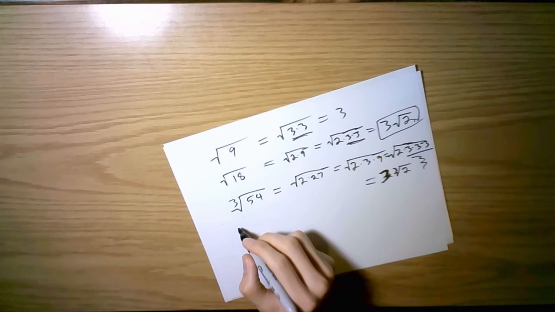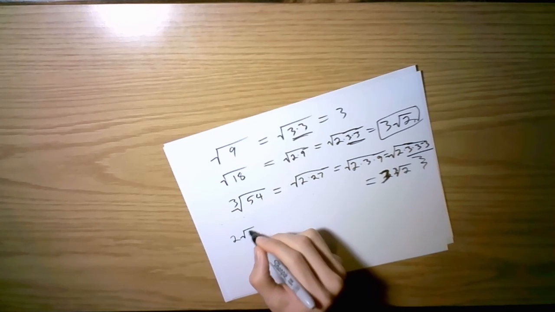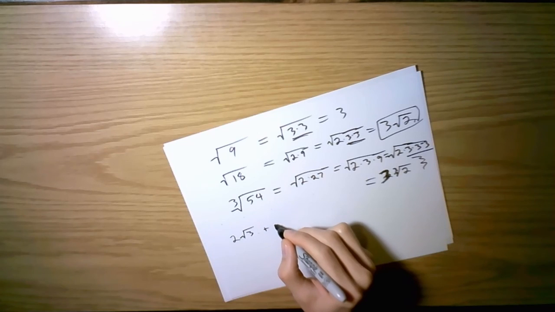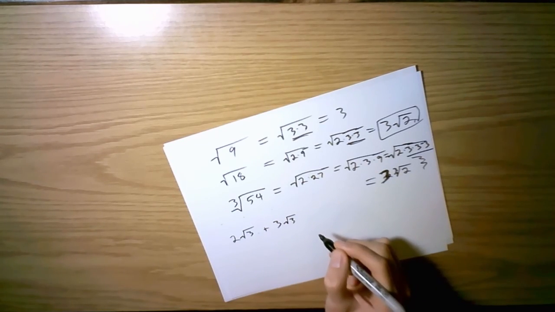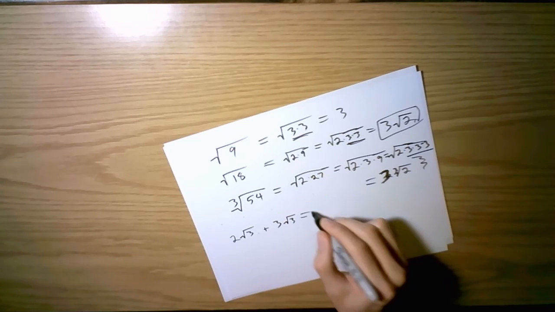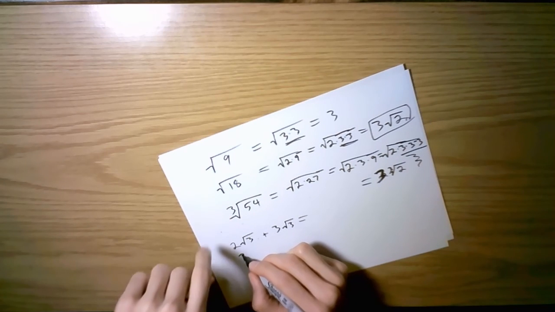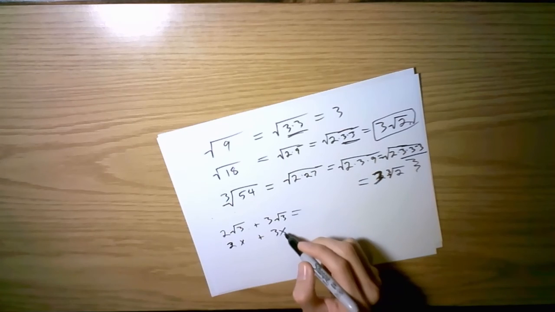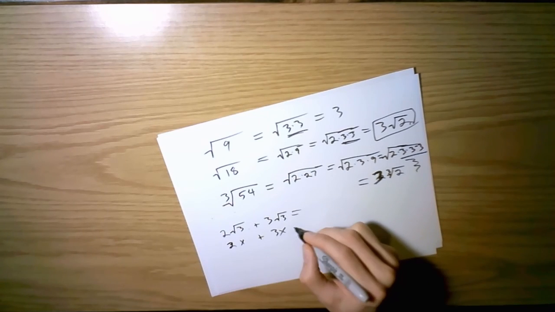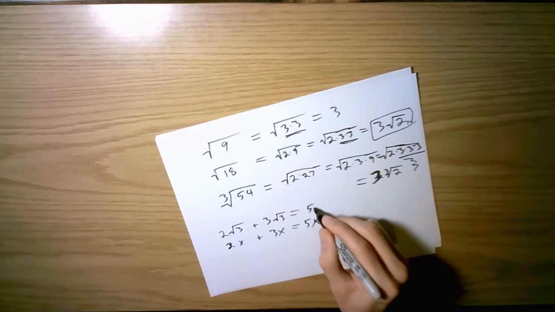So, let's say we have 2 square root 3 plus 3 square root 3. How do you solve that? Basically, it's the same thing as 2x plus 3x, except instead of x you got square root 3, so the answer here is 5 square root 3.